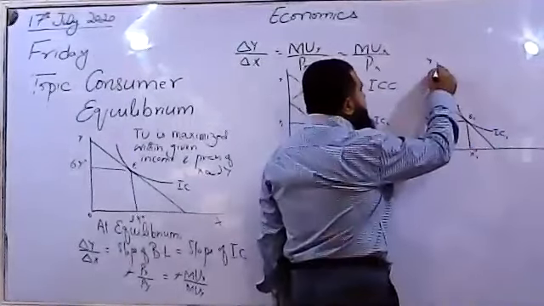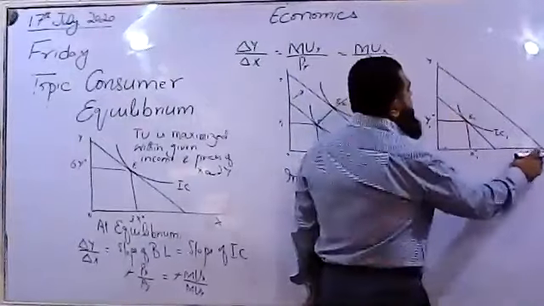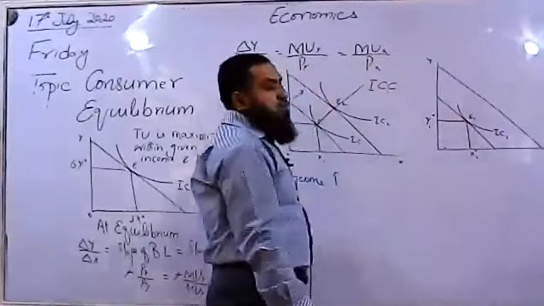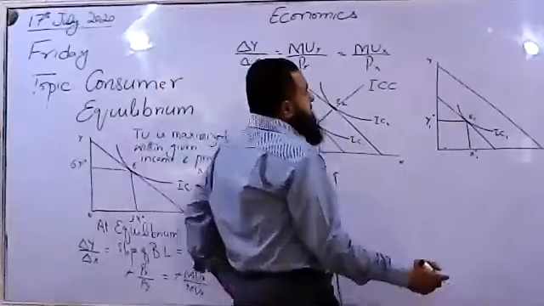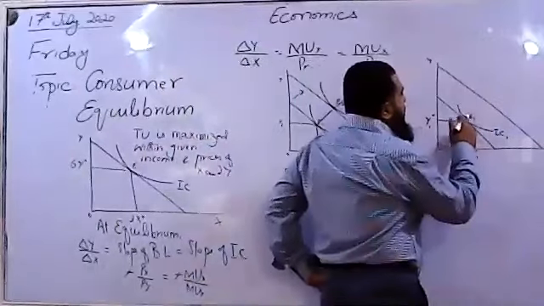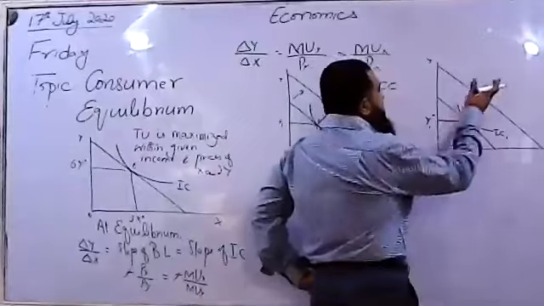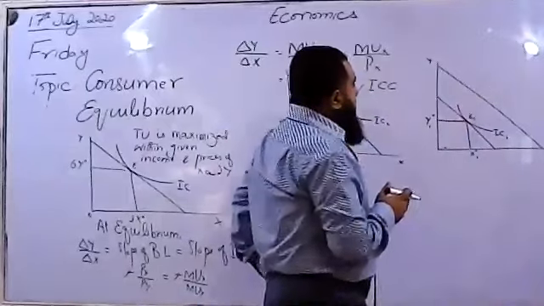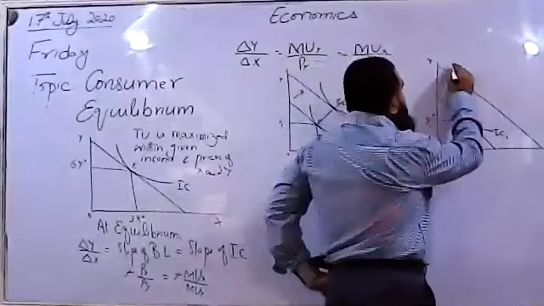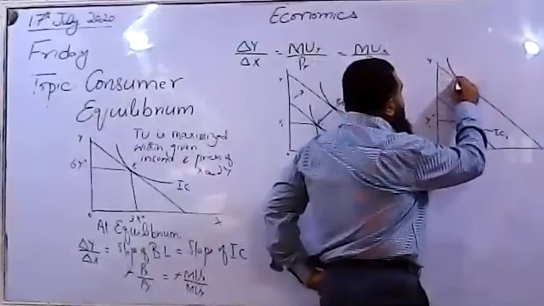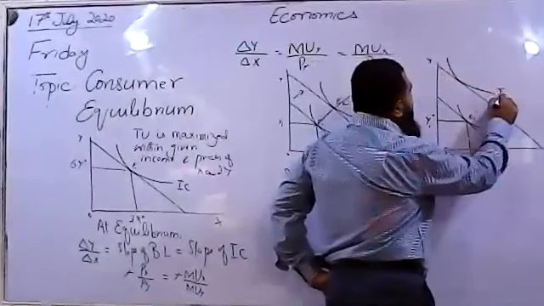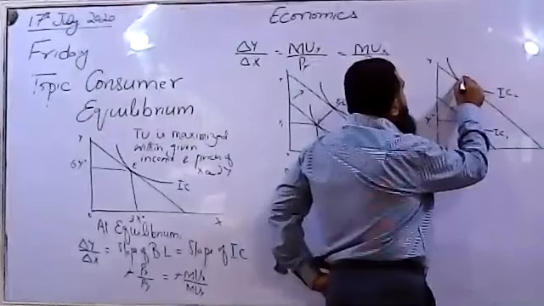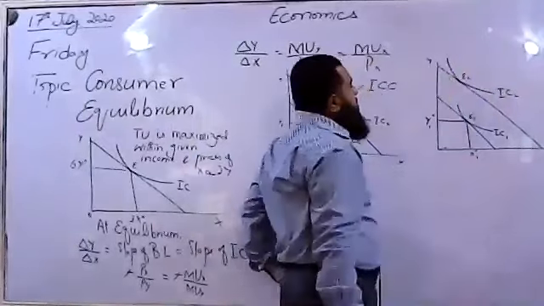Now as the consumer's income increases, his budget line goes outward. Instead of moving in the same direction, the consumer is now consuming at this new indifference curve point, E2.